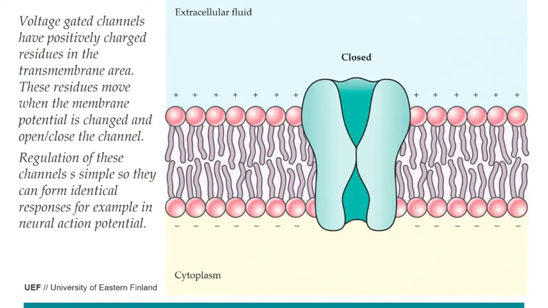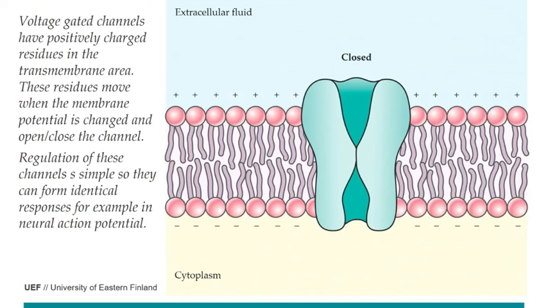And if we summarize how these work, the voltage-gated channels are perhaps the most well-known, because they were the ones that were found in the 50s by Hodgkin and Huxley. These are quite often described, for example, in high school books. In the protein, there are some positive charges in the transmembrane area, somewhere between the cytoplasm and extracellular fluid.